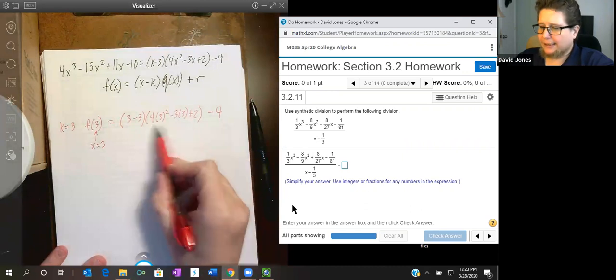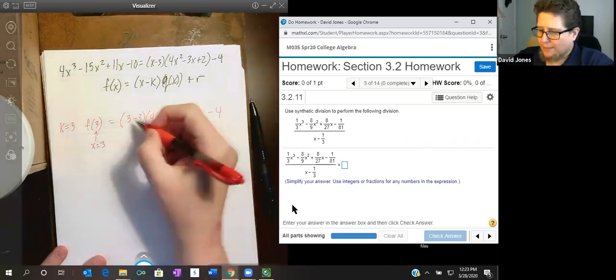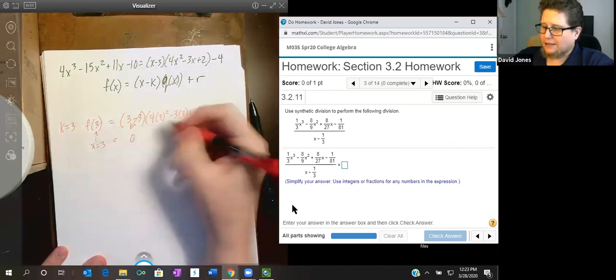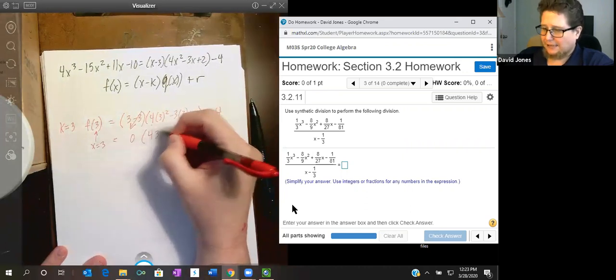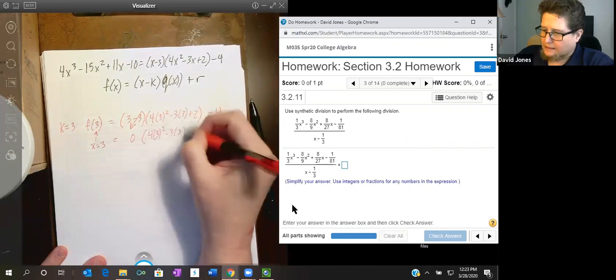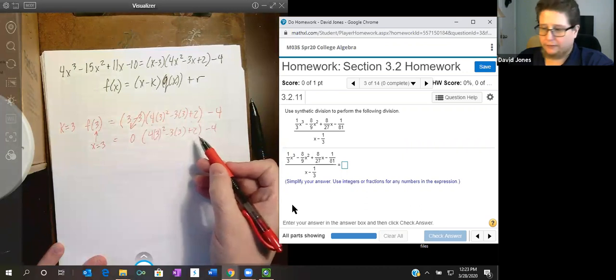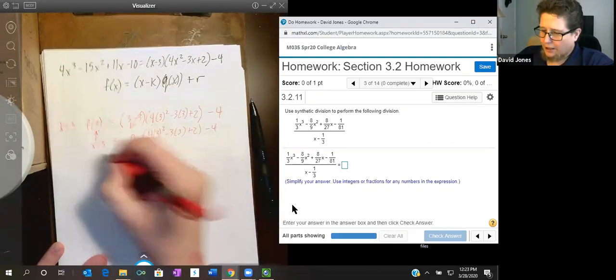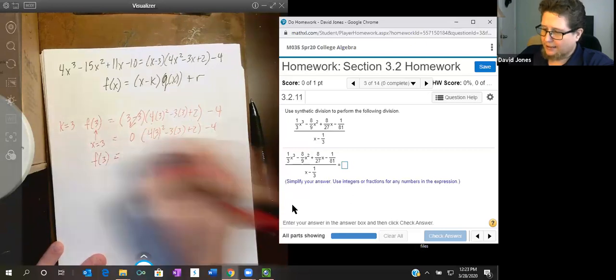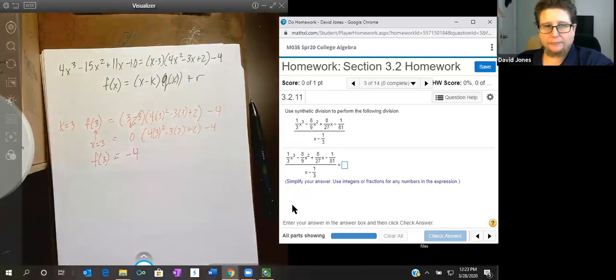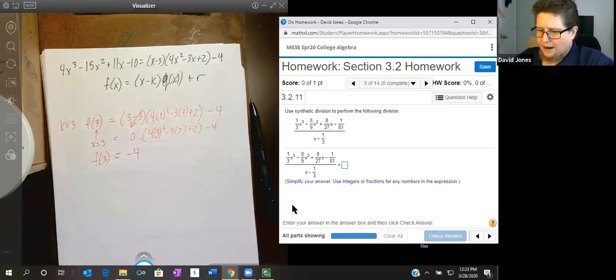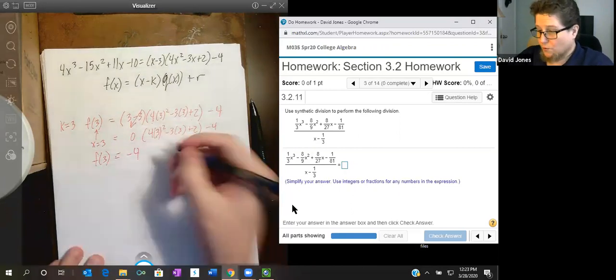All of this is completely unessential. 3 minus 3 is 0. So I've got 0 times that. And 0 times anything just wipes it out. And all I'm left with is the minus 4, which is the remainder.